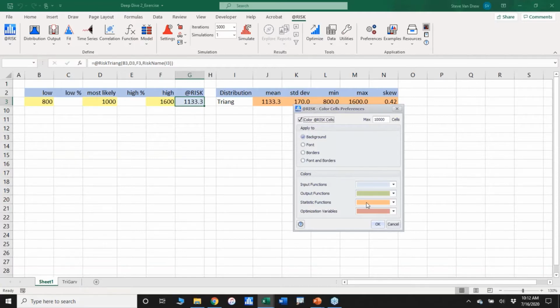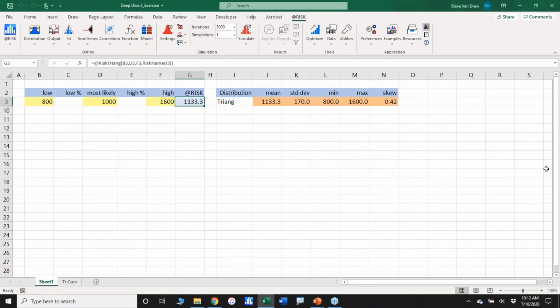And then I'm using this tan, I guess it's called, for statistics functions. And my version of At Risk also does optimization. If I was doing that, it has that kind of a magenta-ish color. But that'll help me later if I needed to locate these cells that I've made of each of those four types of At Risk cell.